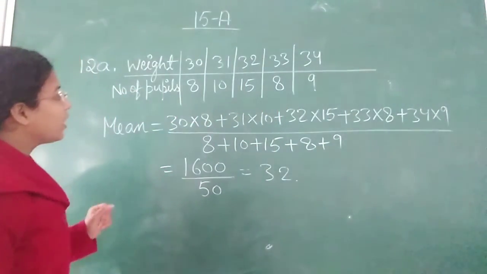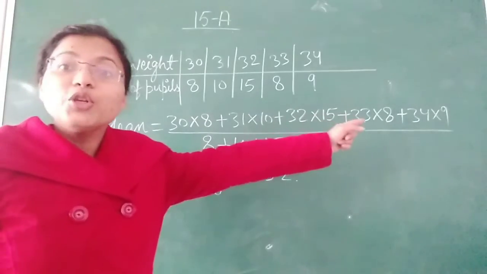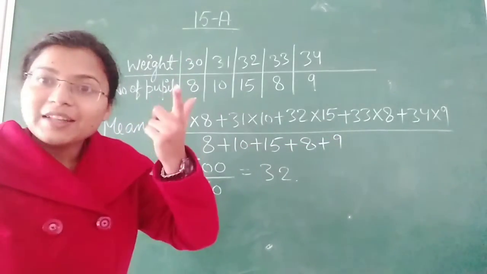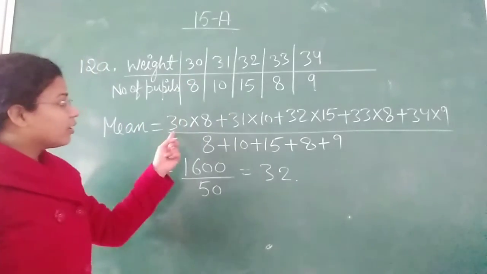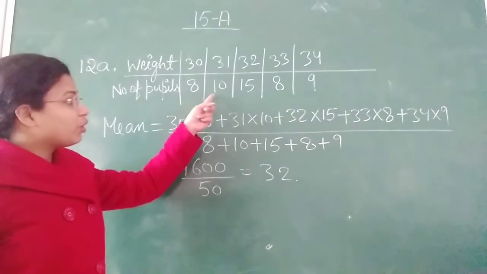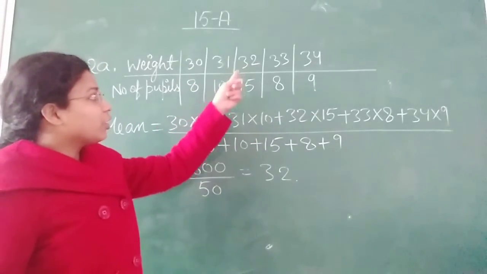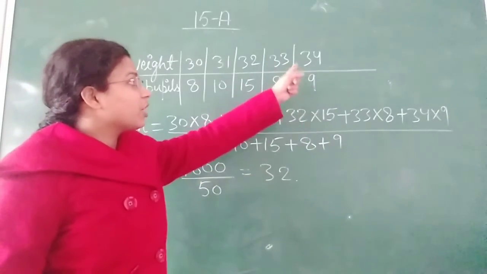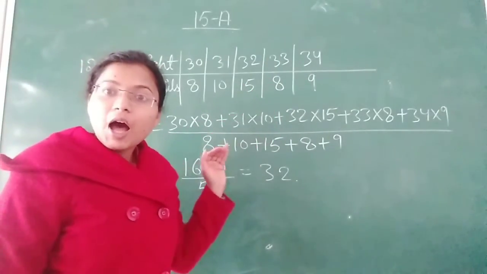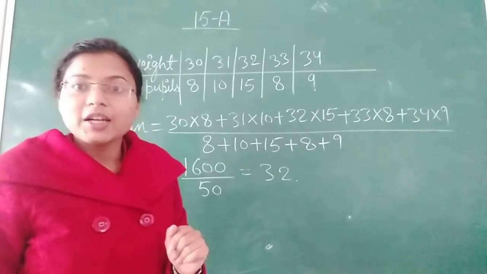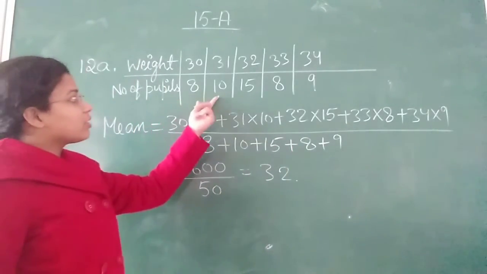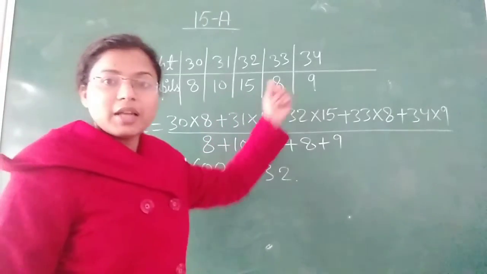So this is your question, and you have to find their mean. How will you find it? In your numerator, you have to multiply and add: 30 into 8 plus 31 into 10 plus 32 into 15 plus 33 into 8 plus 34 into 9, upon, in the denominator, you have to add the frequencies: 8 plus 10 plus 15 plus 8 plus 9.